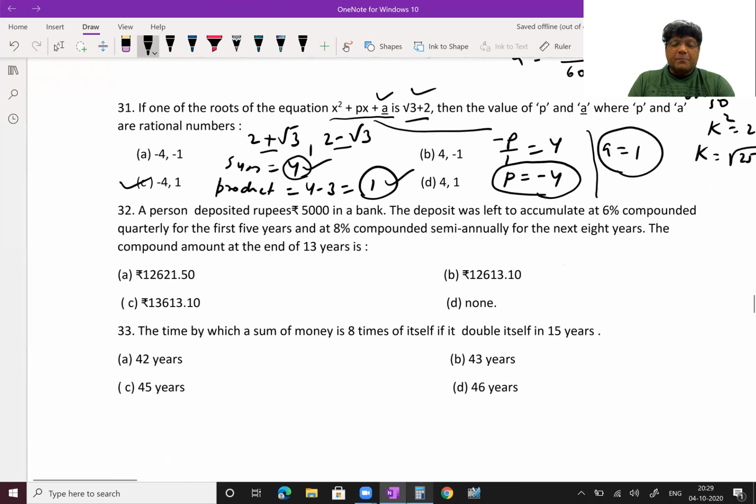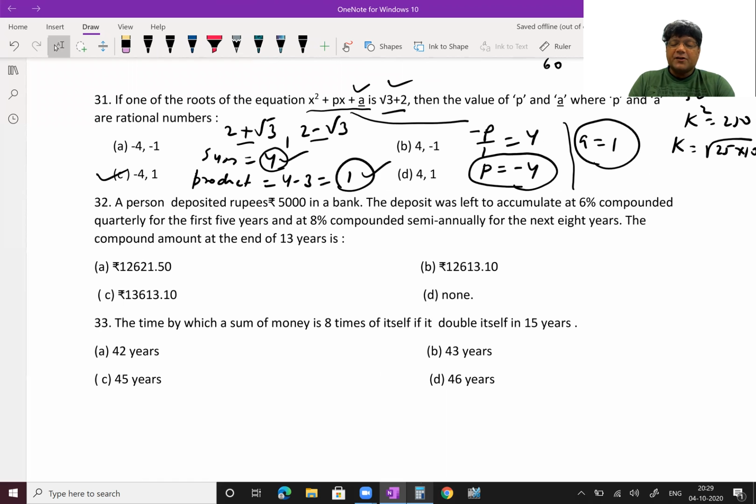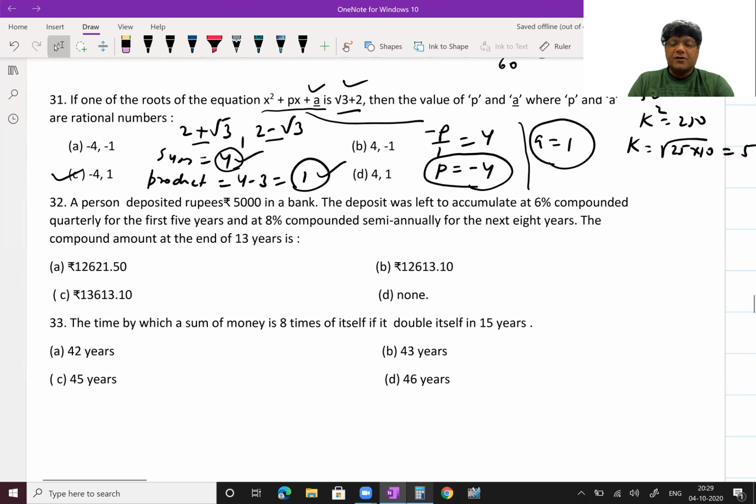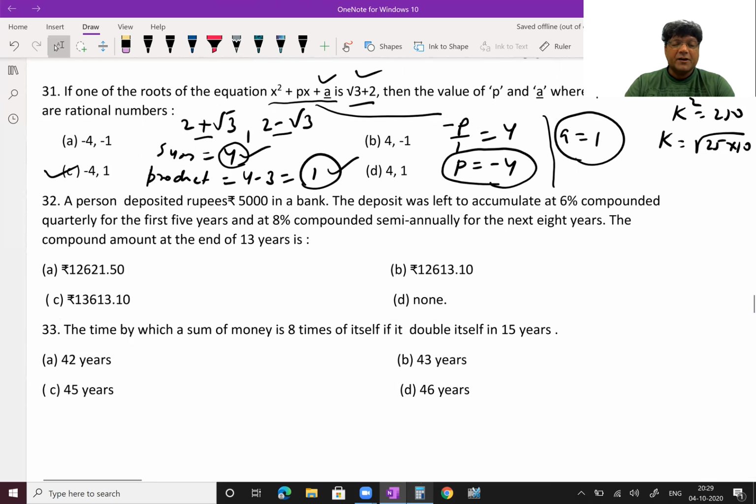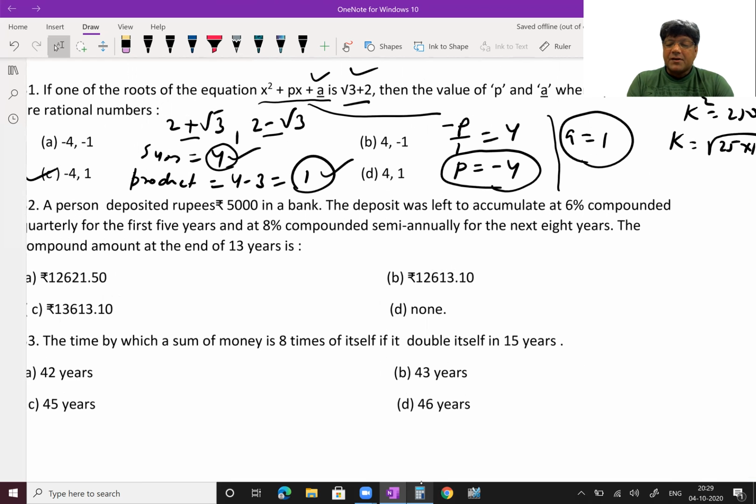Now, a person deposited rupees 5,000 in a bank. The deposit was left to accumulate at 6% compounded quarterly for the first 5 years and semi-annually for the next 8 years. Guys, this formula you have to apply. The person deposited 5,000 in a bank, 5,000 is the principal. The deposit was left to accumulate at 6%, that means 1 plus i, 0.06.